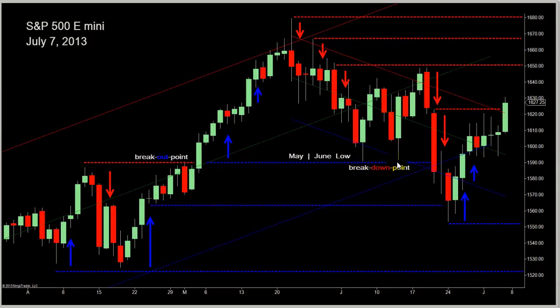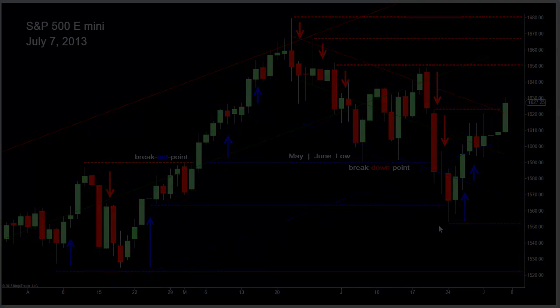Following the May and June pullback, the S&P failed to rally back up and retest the high, and the auction stalled at 1650. Most recently, in the end of June, the S&P pulled back to retest support at the May-June low and broke down below support and traded down to 1554.